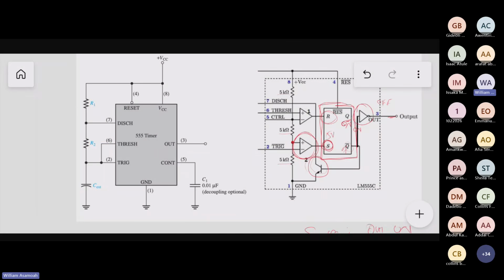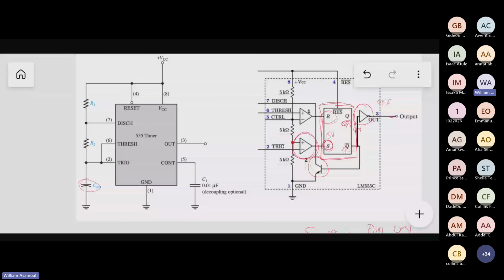This is the trigger, that's pin 2. We connect it to a capacitor. When we start it, the capacitor is not charged, so the voltage across it is 0. Because the voltage across it is low, the 1/3 reference here is higher, 1/3 of 5 volts.